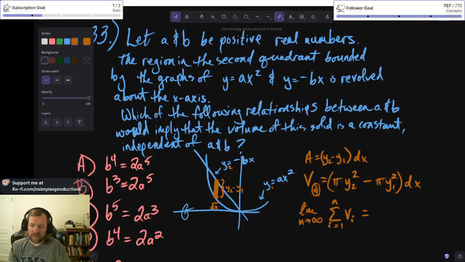And this ends up being exactly the same as our definition of integrals. So we have here going from a to b. In this case, b is going to be 0, and a is going to be whatever the intersection point is.